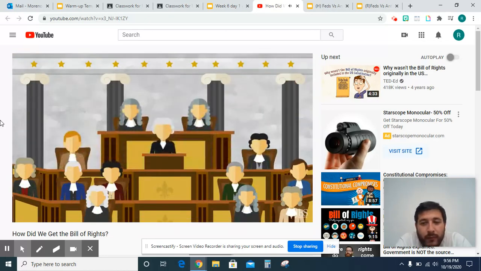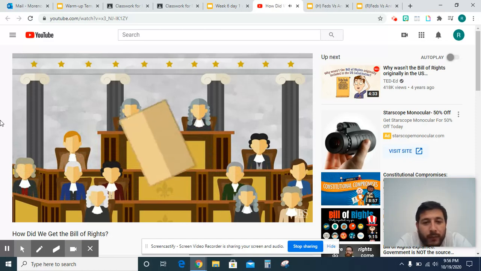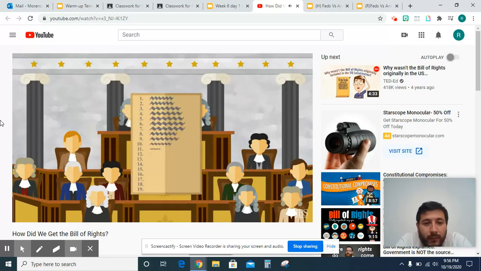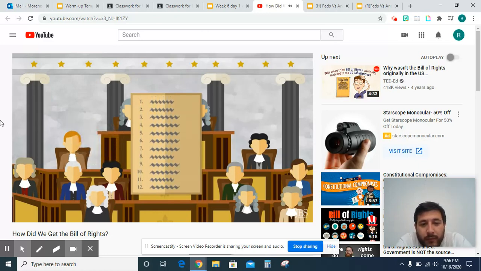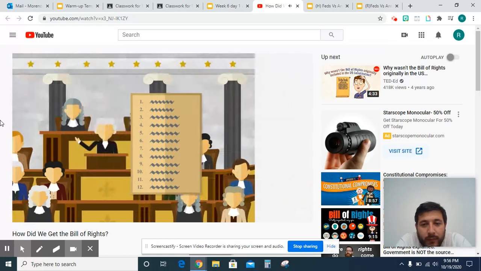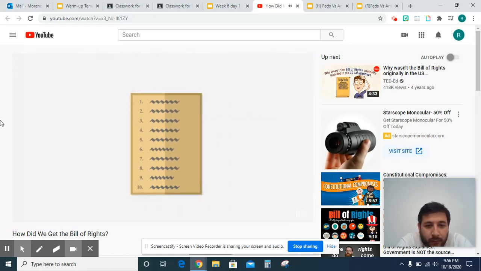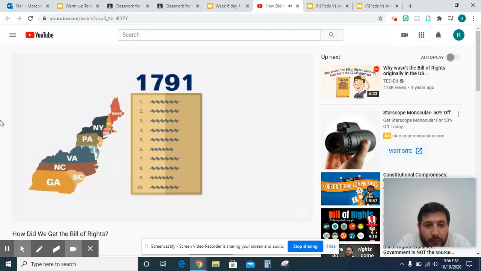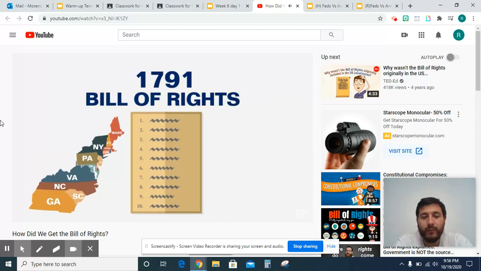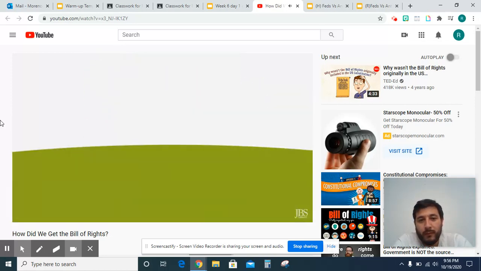By 1789, Madison proposed 19 amendments to the House. The House narrowed the number of amendments down to 17. Next, the Senate, with the agreement of the House, narrowed them down to 12. Finally, these 12 were sent on to the states for ratification. 10 of the 12 amendments were quickly ratified, and by December 15, 1791, enough states had ratified to authorize the adding of this list, known as the Bill of Rights, to the Constitution.